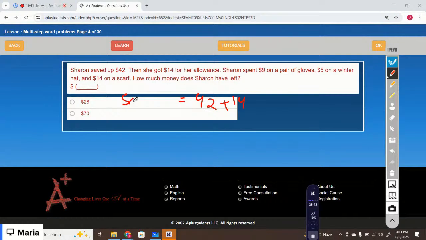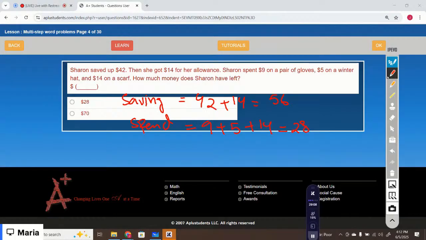So the savings we have is $56. Then she spent $9 on gloves, $5 on a winter hat, and 14 on the scarf. So $28 she spent.